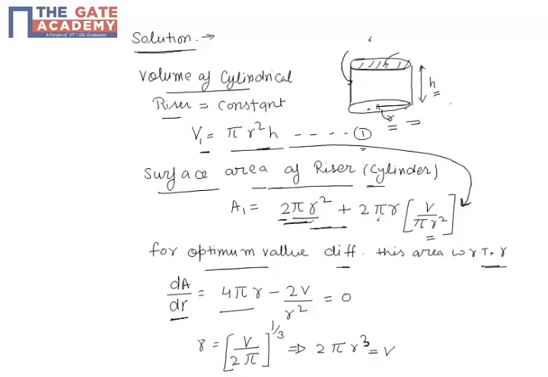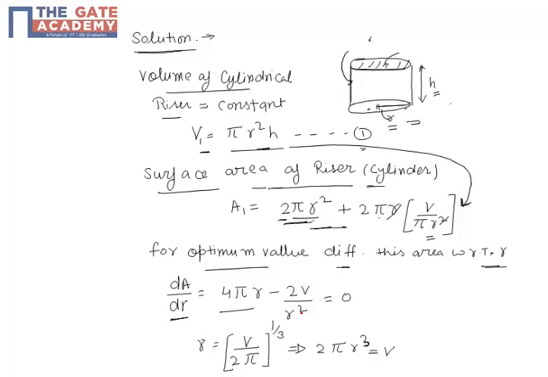Again 2 pi r V upon pi r square, so r and r will get cancelled out, and I got 2 pi V upon pi r, which is 2V upon r. The differentiation of this is 2 multiplied by V upon r square.